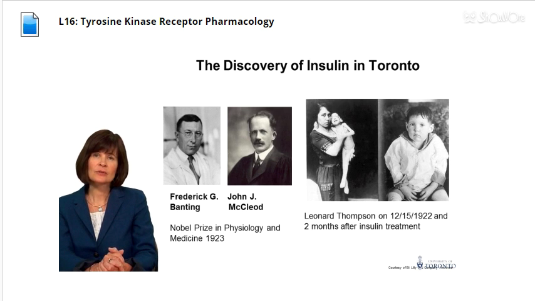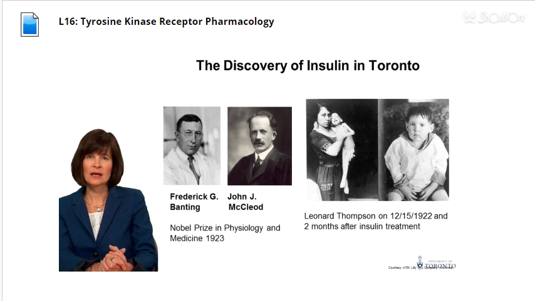The word insulin was first used in 1922 to describe the active hormone in the pancreatic extract. Banting and MacLeod went on to receive the Nobel Prize in Physiology and Medicine in 1923 for their role in the discovery of insulin. Banting shared his prize with Best and MacLeod shared his with Collip.